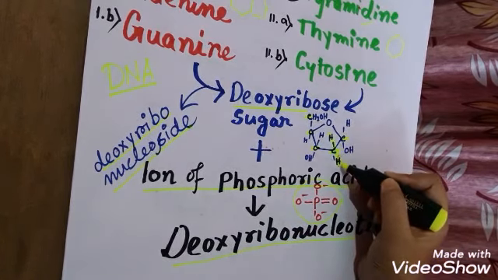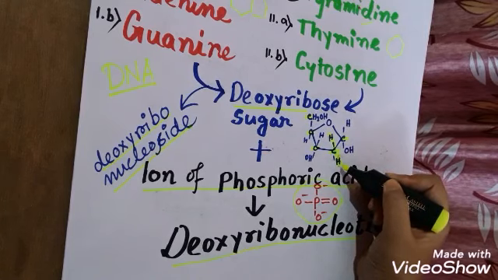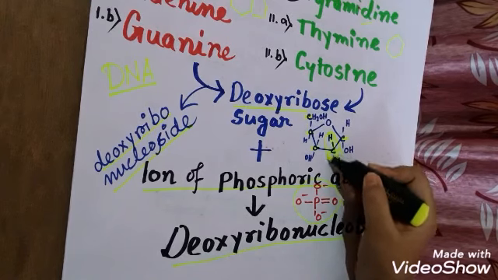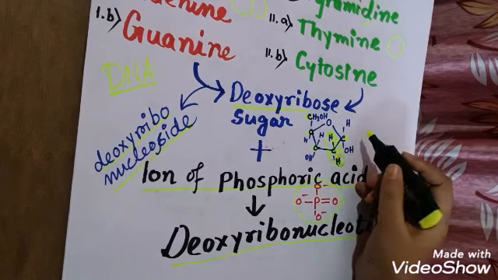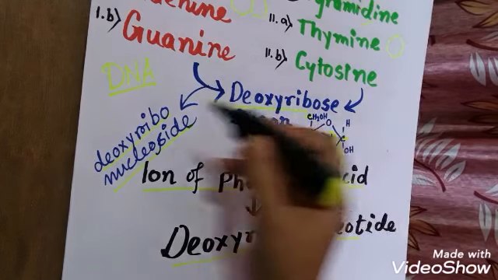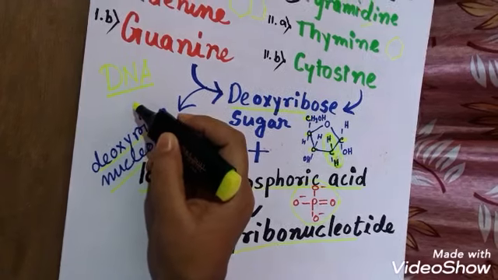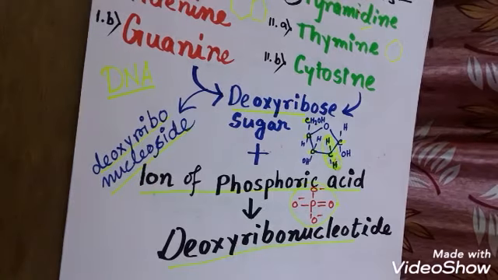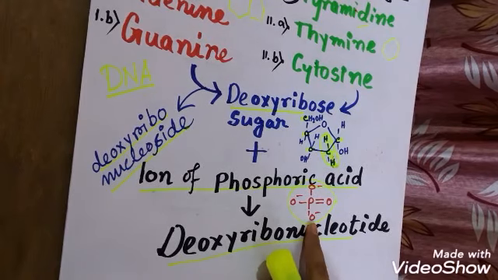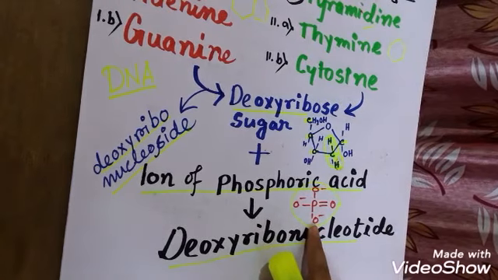The two of R are only hydrogen. It means deoxy, the lack of oxygen on the 2' carbon, since the name is deoxyribose sugar and the name DNA. Because of the phosphoric acid charge, the DNA is also a negatively charged compound.